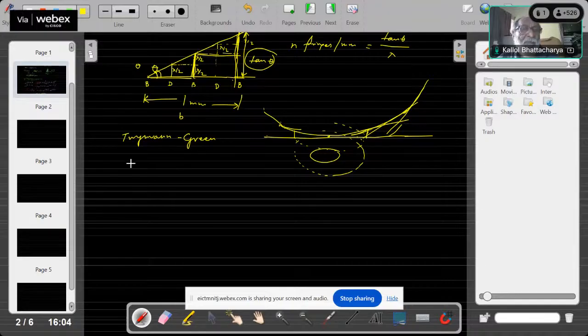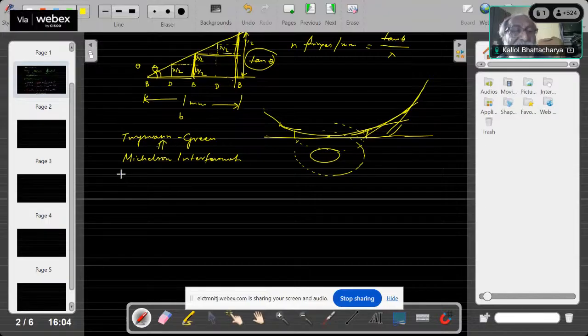It's a modified Michelson interferometer with a parallel beam of light. Twyman Green is a modified Michelson.